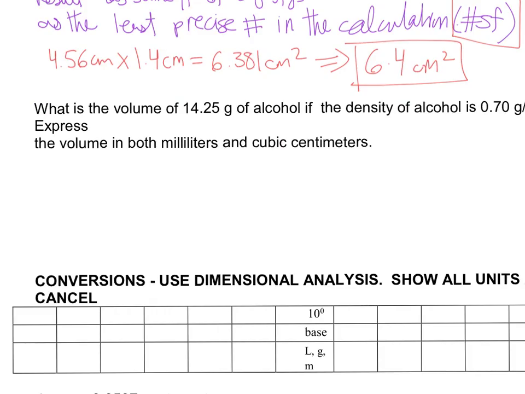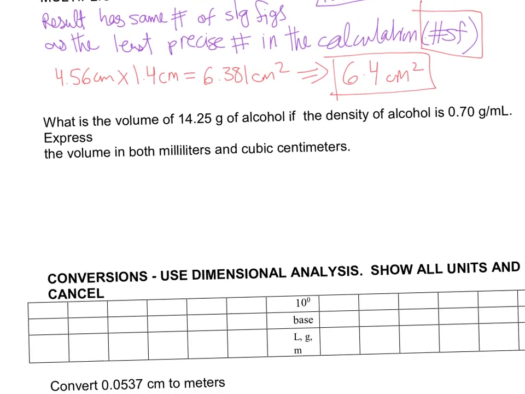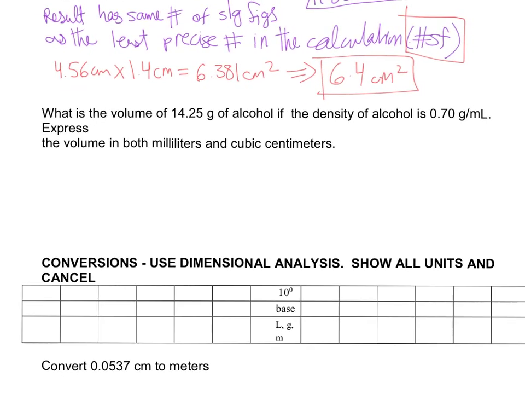Let's do an example. It says, what is the volume of 14.25 grams of alcohol if the density of alcohol is given to us as 0.70 grams per milliliter? We want to express the volume in both milliliters and cubic centimeters. So since we're given density and we're given grams and we're trying to find the volume, you can use the density equation.